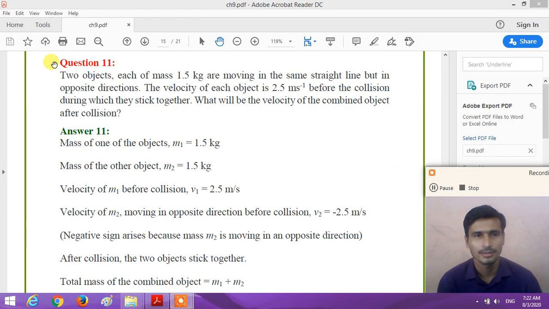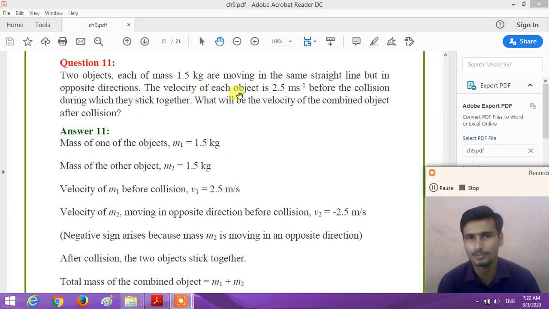Question number 11. Two objects, each of mass 1.5 kg, are moving in a straight line but in opposite directions. Dear student, the mass of both objects is given as 1.5 kg, and they are moving in the same straight line but in opposite directions.